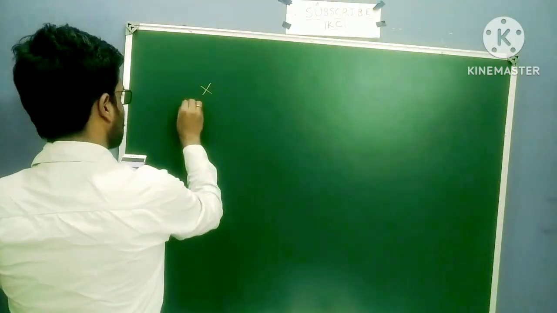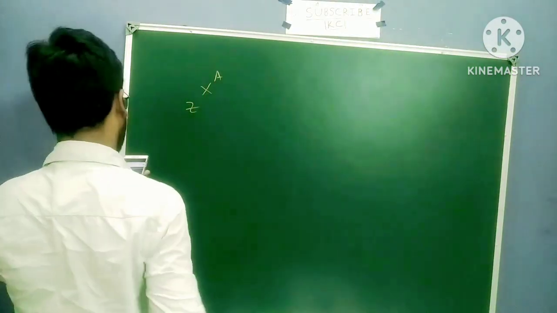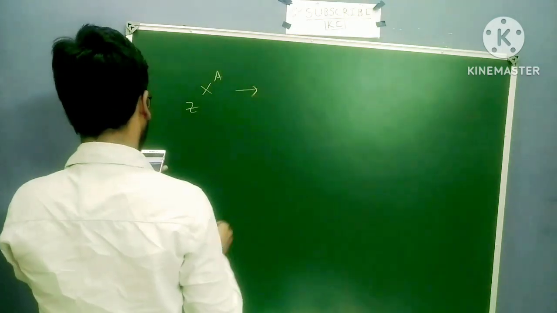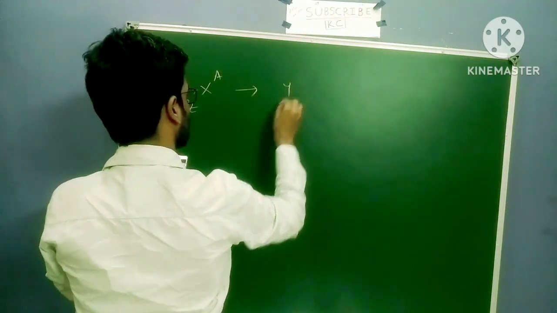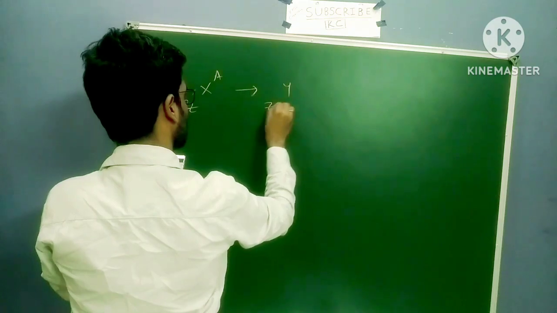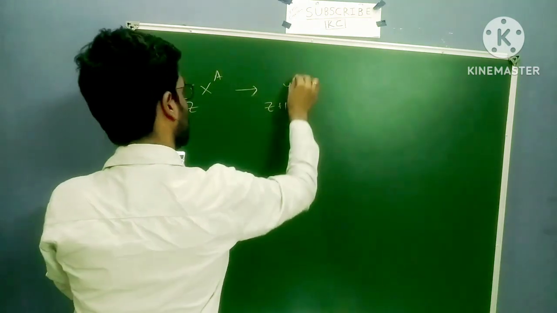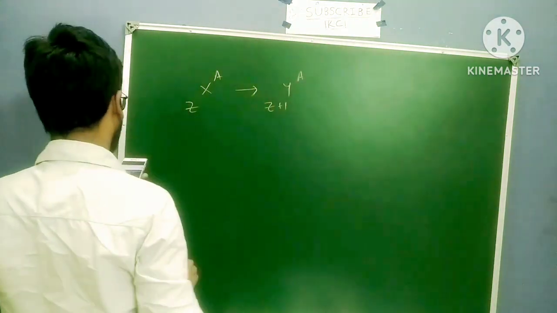Next one. Okay, X Z A gives rise to Y Z plus 1 A. What is the emission in this reaction?